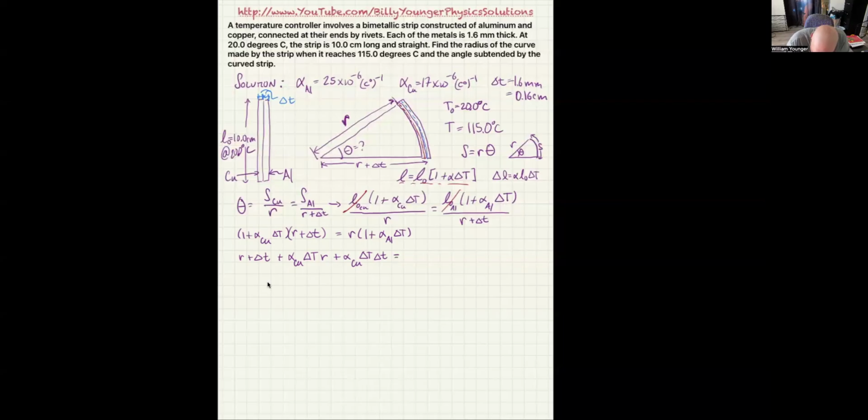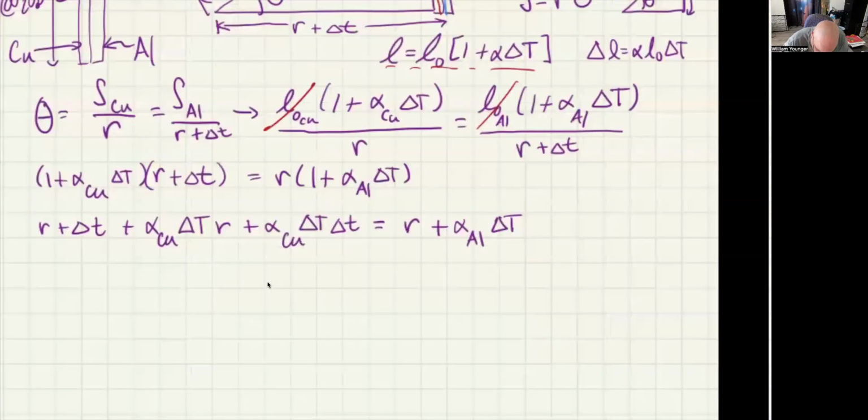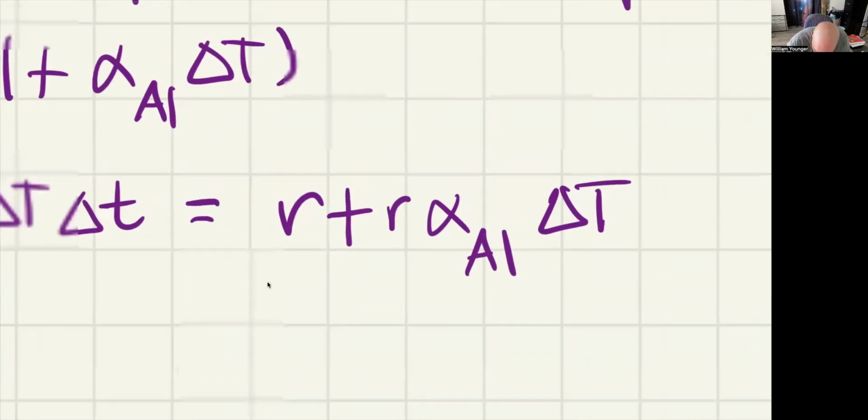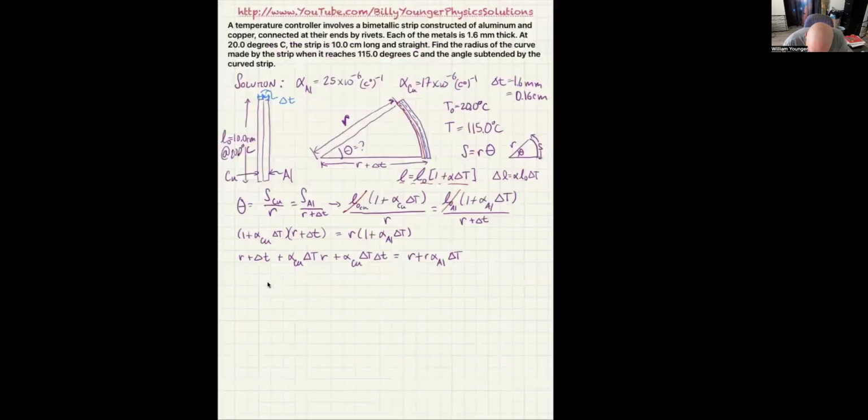Now we're going to do the other side, and I'll go ahead and distribute that. So that's R plus alpha aluminum delta T times R in that case as well. I didn't really leave myself enough room, so I'm going to zoom in there and put this plus a little further this way, and then I'll put the R right there as well.